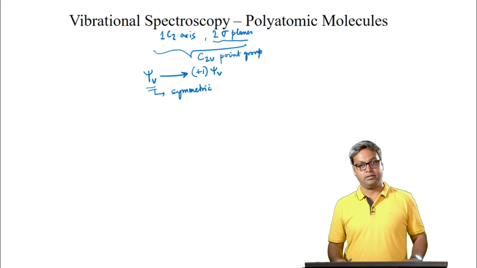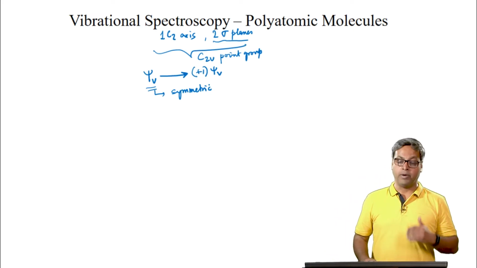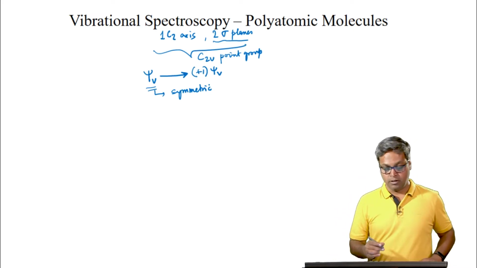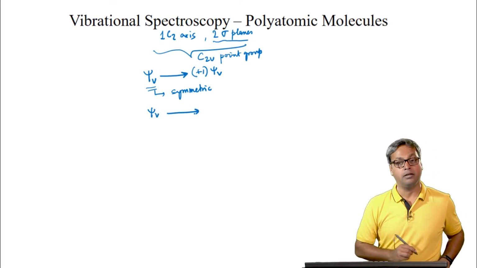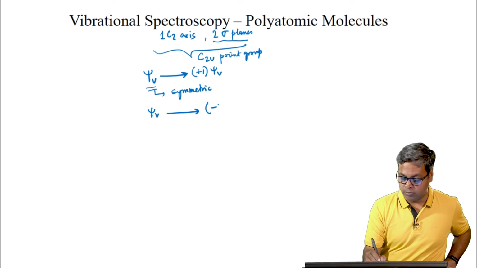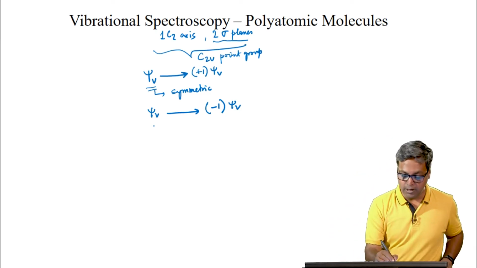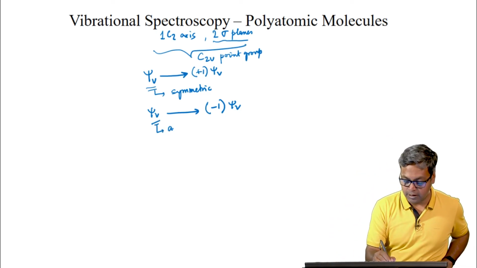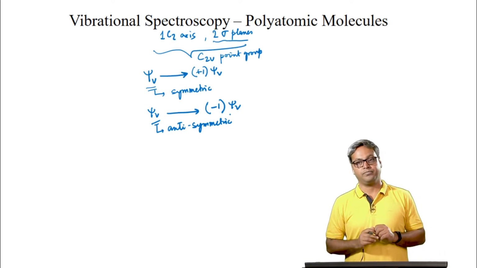On the other hand, if the wave function changes sign by carrying out the operation, so psi v becomes minus 1 times psi v, we can say that psi v is anti-symmetric to the symmetry operation.